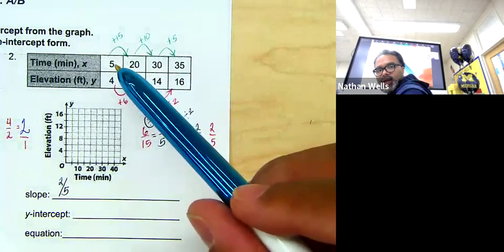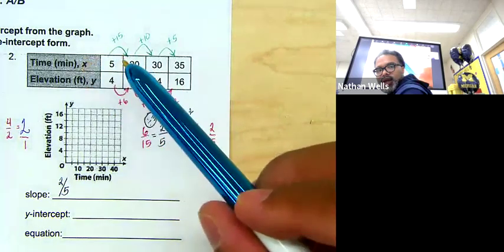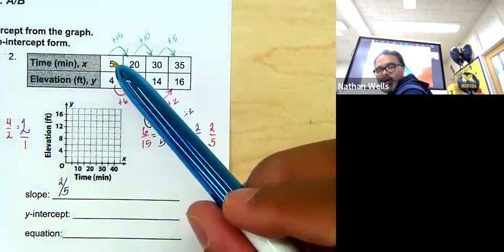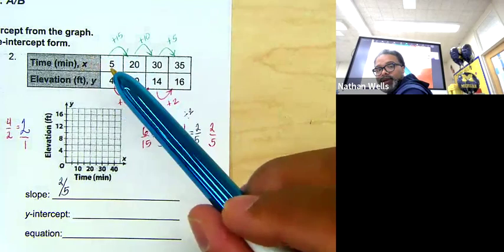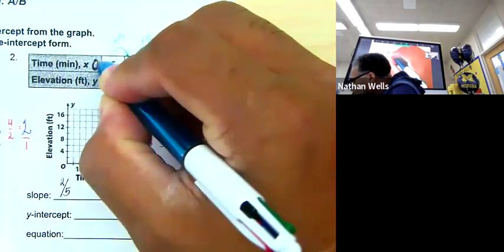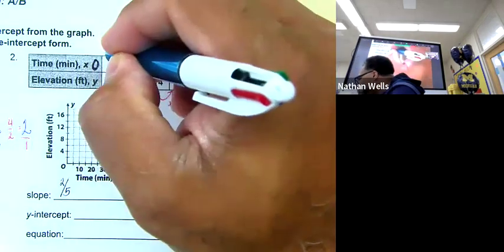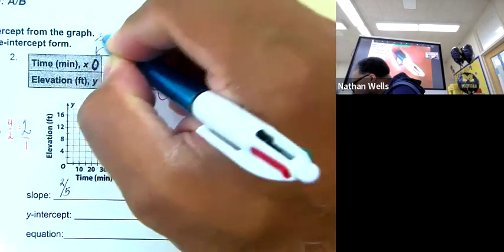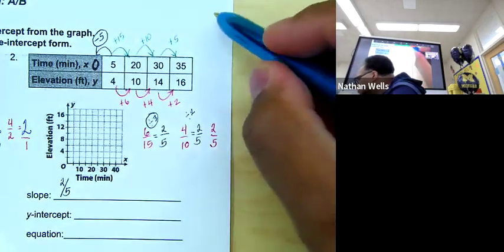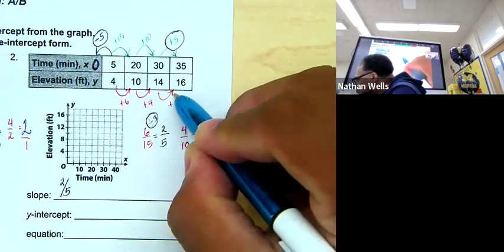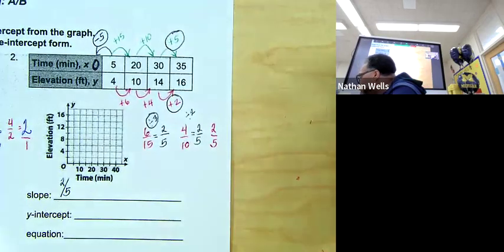In order to find my y-intercept, I have to find out, when x is equal to 0, what is my y value? So to go from 5 to 0, I had to subtract 5. Now, when I added 5 in my x value, I added 2 in my y value.